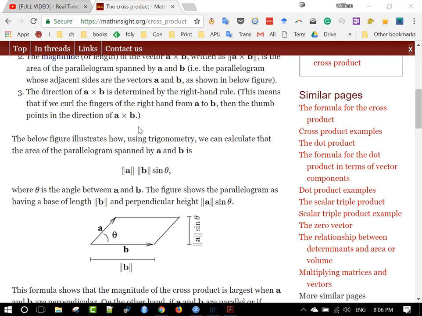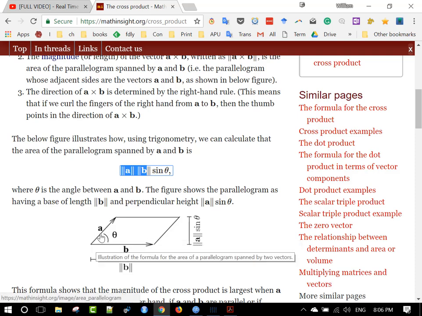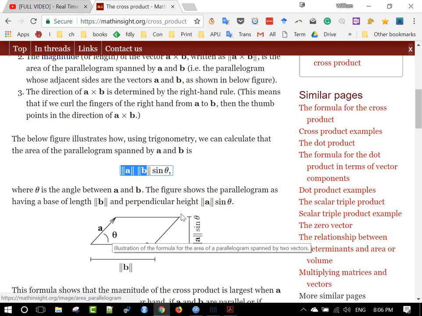Okay, I didn't remember this, but I guess the area of a parallelogram with sides of length A and B is equal to AB times the sine of the angle between them. I guess that can be proved in geometry or trigonometry, I guess trigonometry.